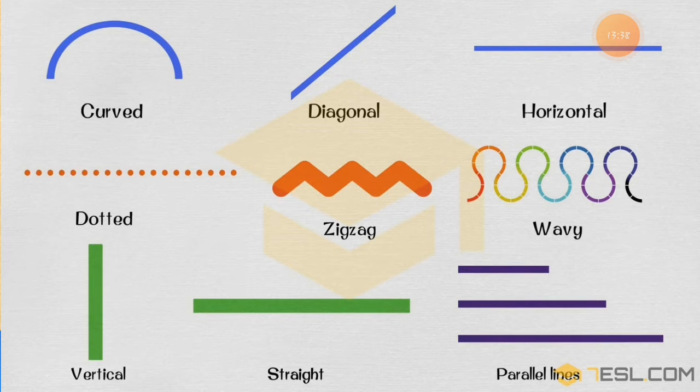What is the main name for this line? Did you remember the name of this vertical line? Yes, the name of the vertical line is the standing line. It is the vertical line, or you can call it the standing line.